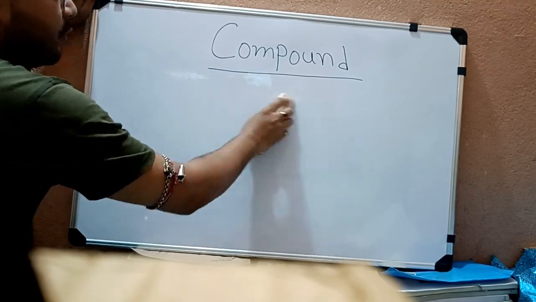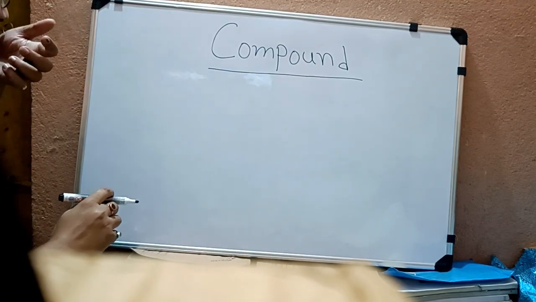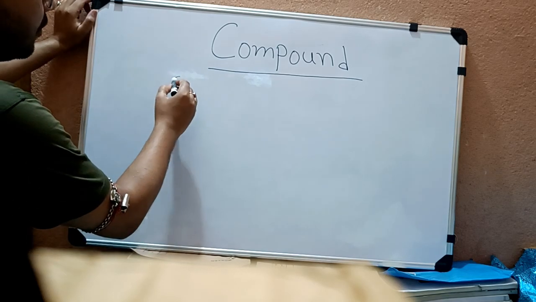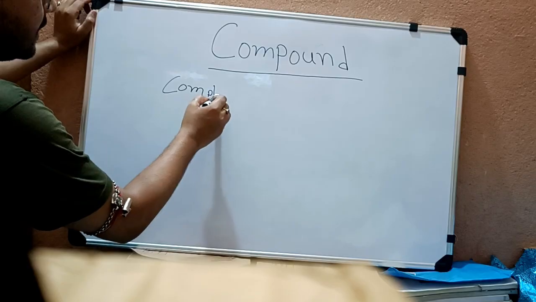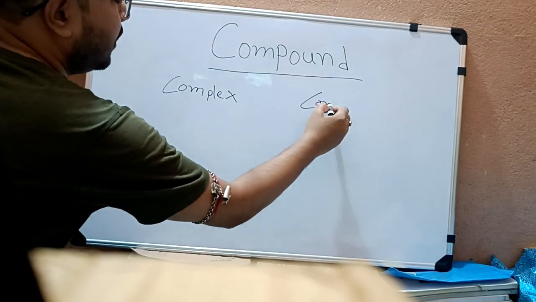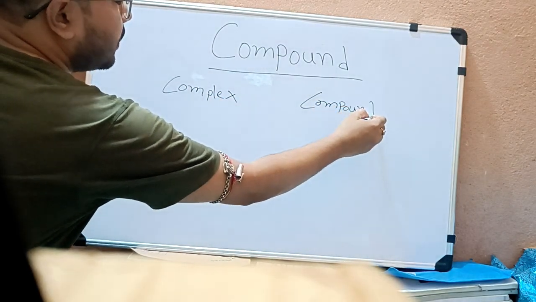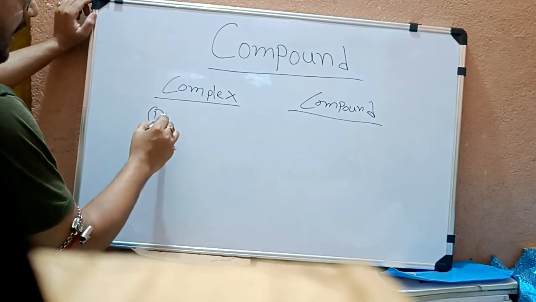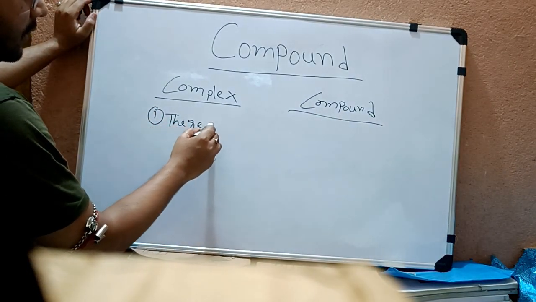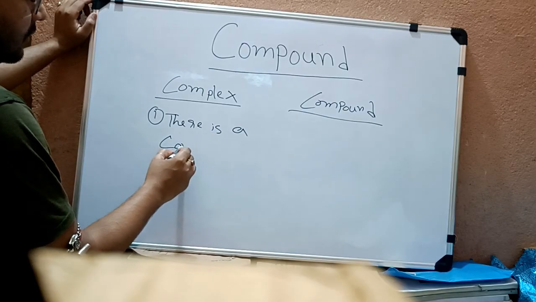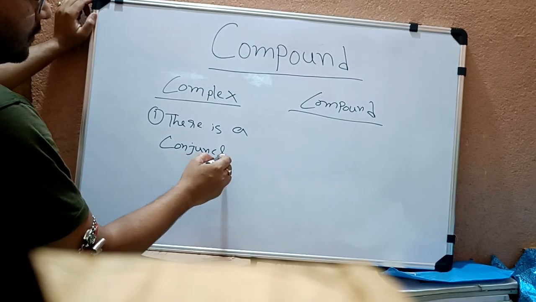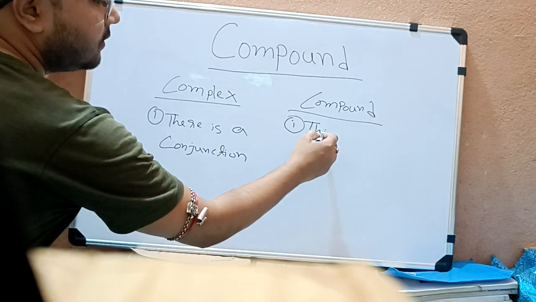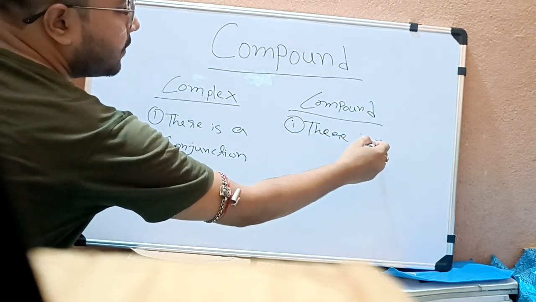Then the most important part is how we can differentiate a compound sentence from a complex sentence. In complex and compound sentences, there is a linker, a conjunction, and in the compound sentence here also there is a conjunction.